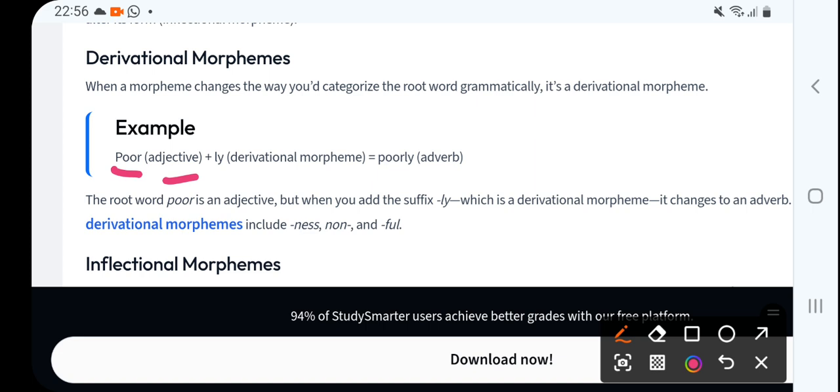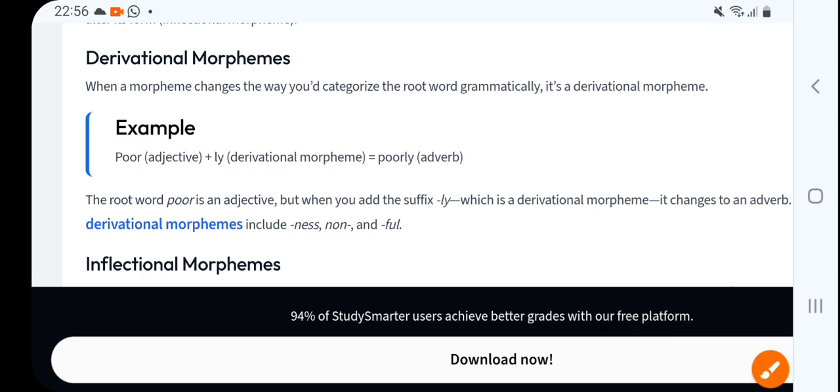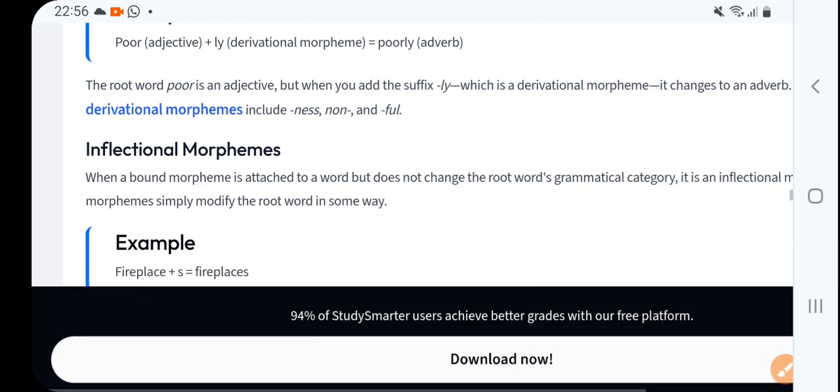If you add ly to poor, that is poorly, an adverb. So ly is a derivational morpheme.